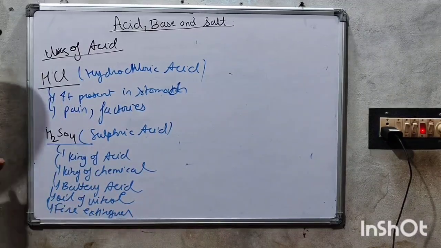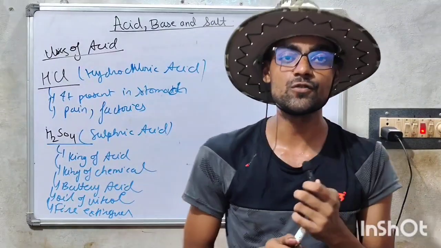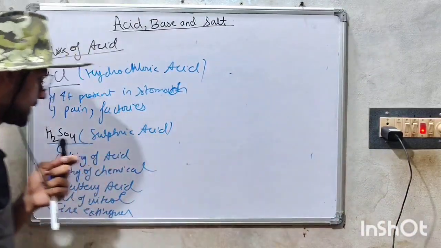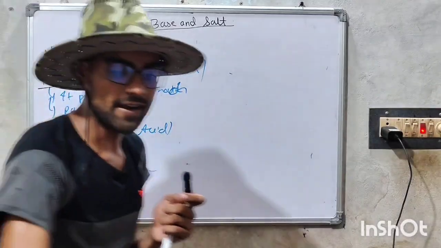So this is what about sulfuric acid. Sulfuric acid is known as the king of acid, king of chemicals, oil of vitriol, and it is also a battery acid.